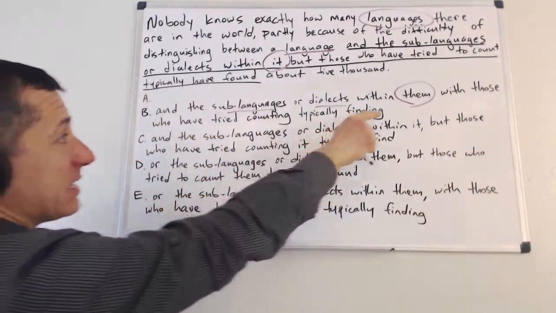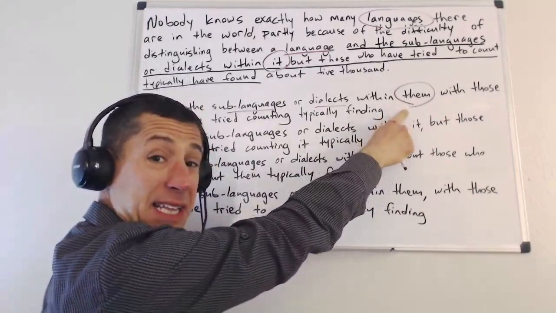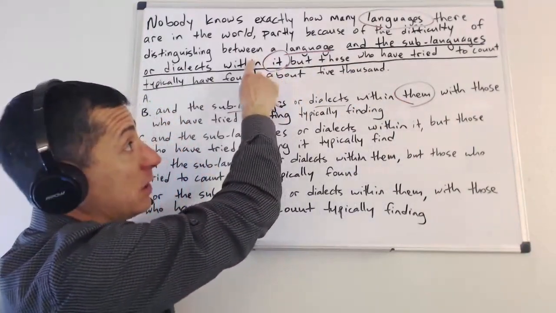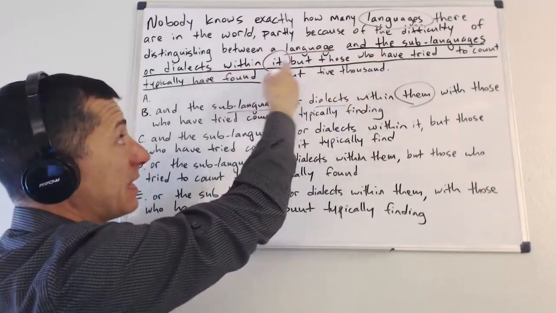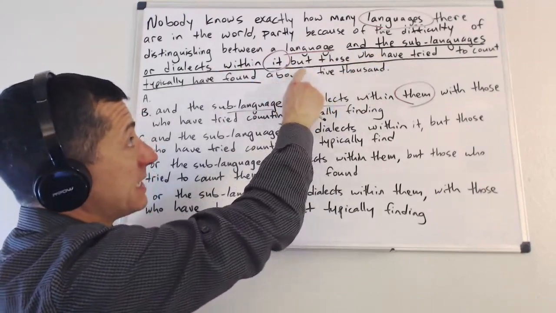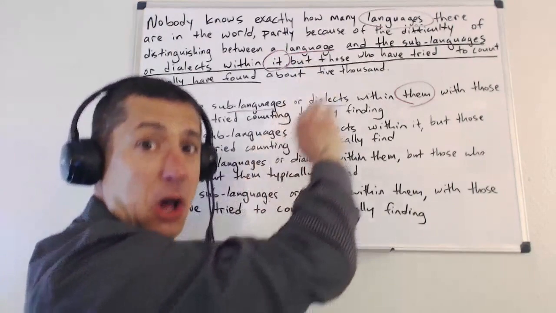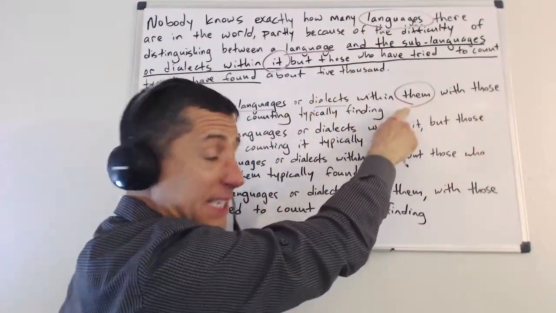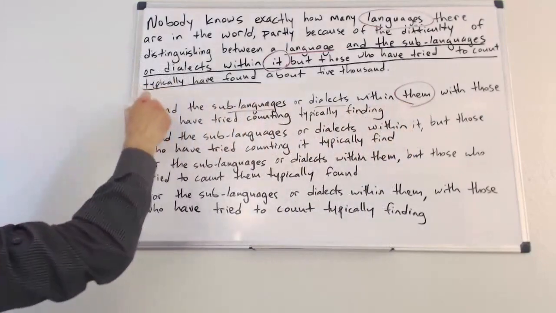So the "them" doesn't make sense here. Once again, really, really subtle. We're distinguishing between the original language and the sublanguages and dialects within that one language versus distinguishing between a language and all of the sublanguages and dialects within multiple languages. The latter doesn't make a whole lot of sense. For that reason, you can get rid of B.